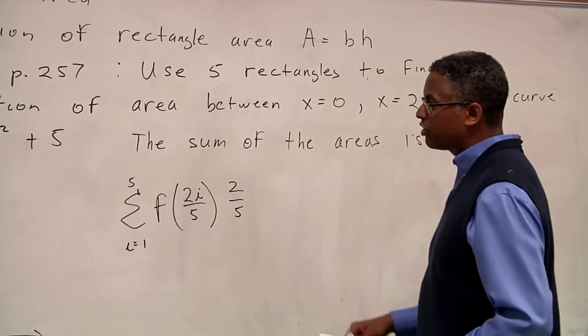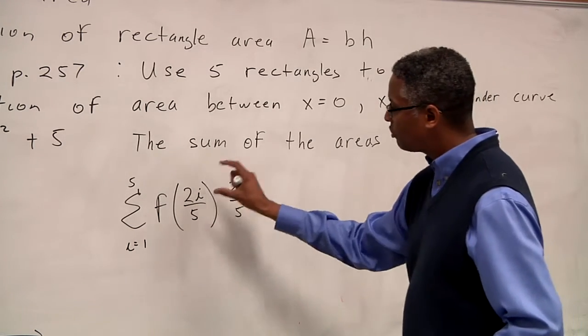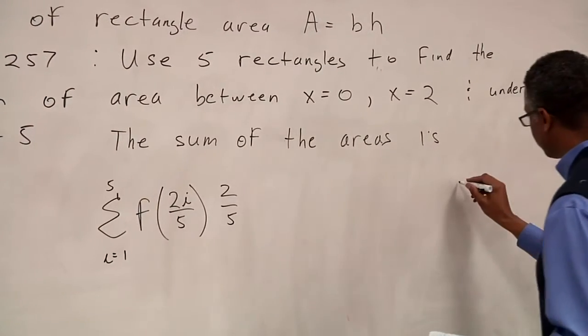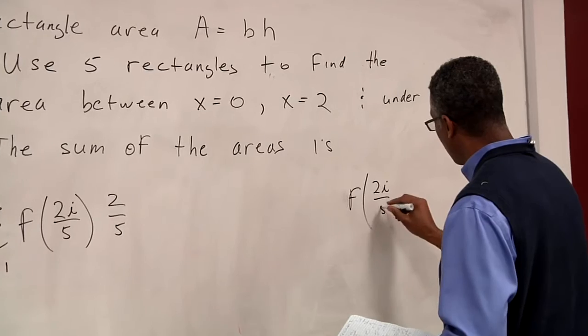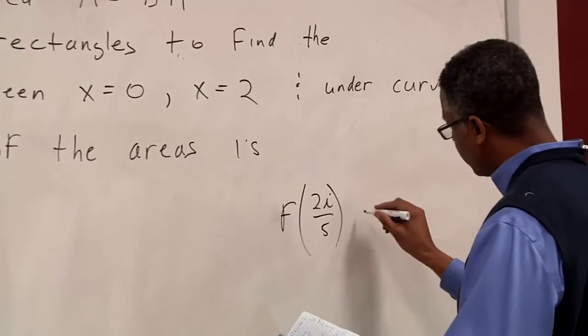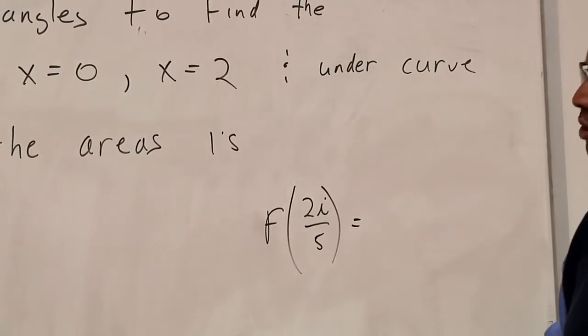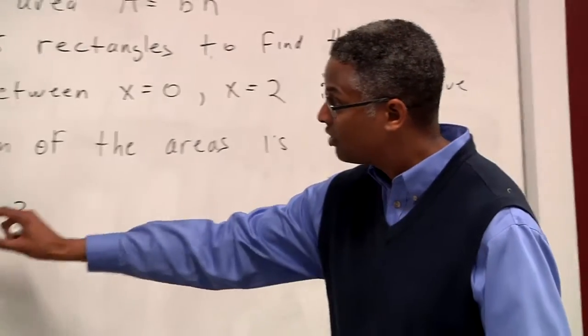So by using the rules of function evaluation, if we substitute 2I over 5 into that function, I'll do that over here: f of 2I over 5 equals, well, by substitution. Before I do this, let's just remember what function evaluation is. It's just putting whatever's in the parentheses into the function.